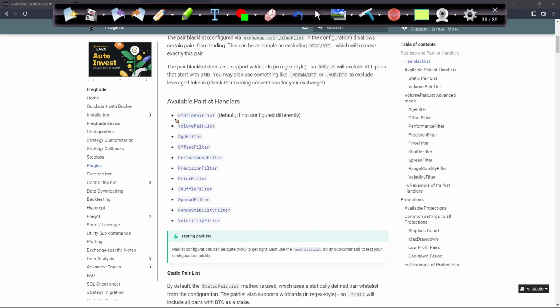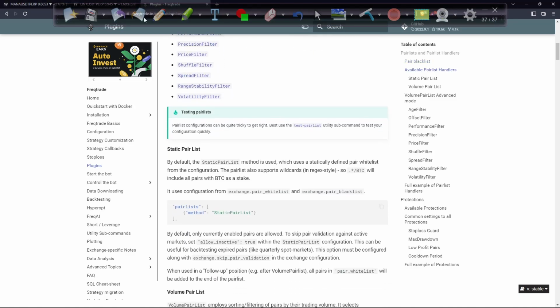Now the available pair list handlers are: the static pair list, which is the default if not configured directly, then the volume pair list, and then the age filter, offset filter, performance filter, precision filter, price filter, shuffle filter, spread filter, range stability filter, and volatility filter. So let's see what it says.